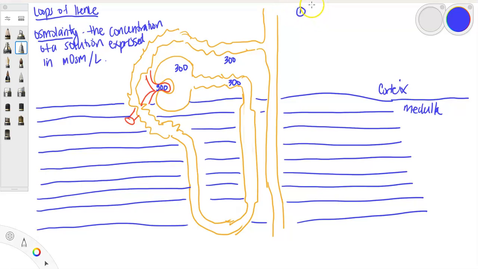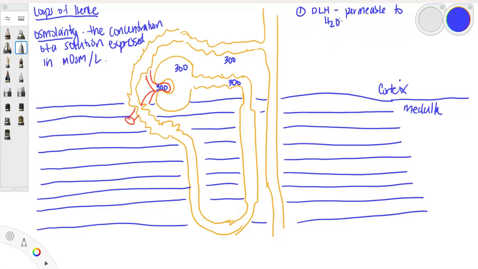All right. So in the loops of Henle, just real quick here, let's look at some little things about them. In the descending loop of Henle, the walls of that tubule are permeable to water only.